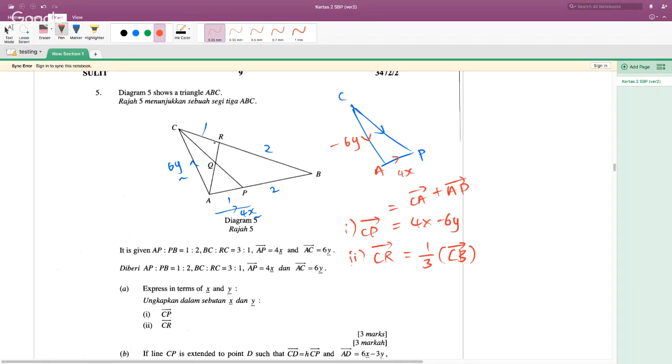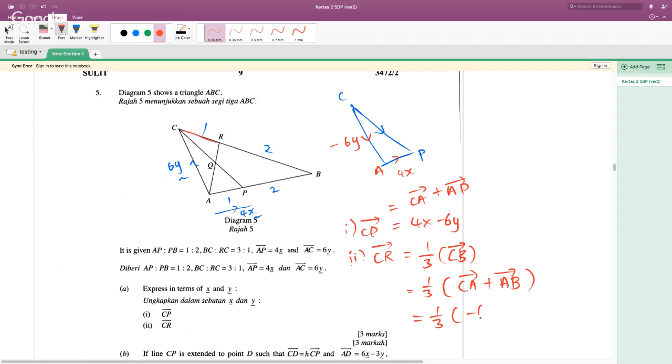CR itself is 1/3 of CB. So this is how I got it. Then in order to get CB, basically I know it is CA plus AP plus PB. So this is 1/3.